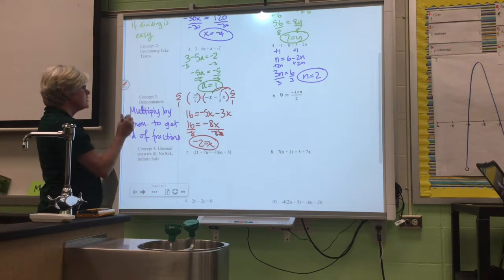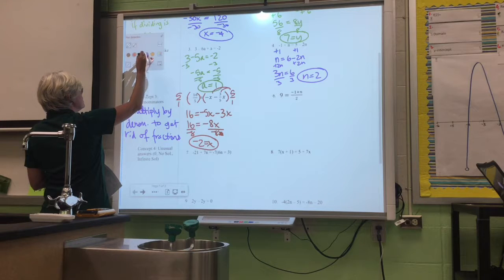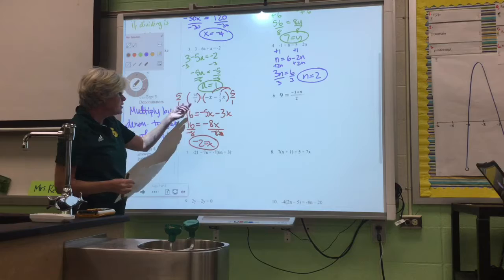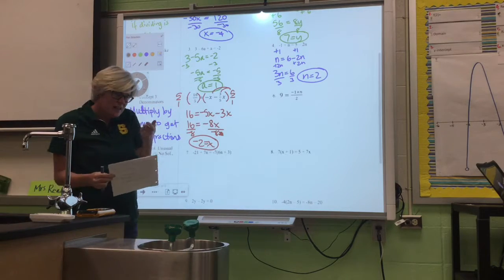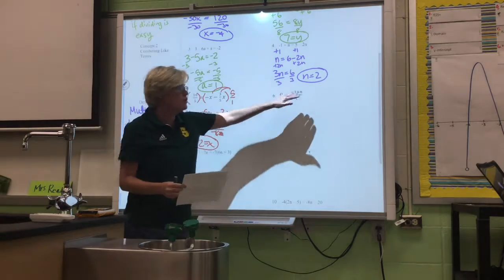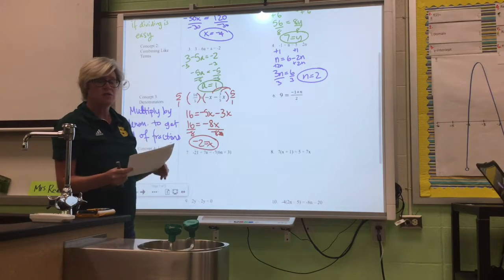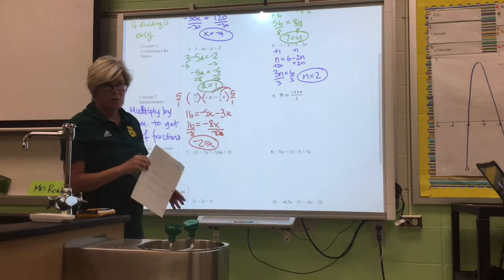Similar deal on number 6, it just looks a little bit different. The fractions before were kind of skinny fractions. This one's a little bit longer, a little bit wider, but we're going to use the same method, and that is to multiply by the denominator. So I have a denominator of 2.